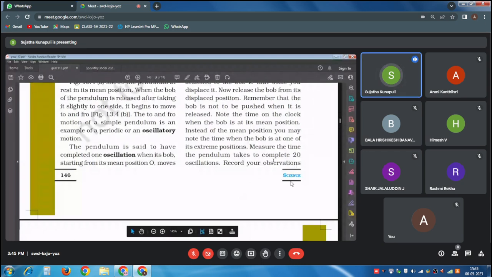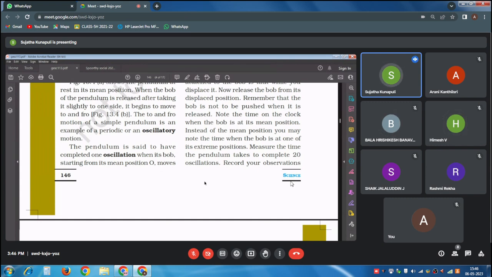So measure the time the pendulum takes to complete 20 oscillations. In this manner, he is asking us to measure the time one oscillation takes. What is one oscillation? One oscillation means going from one extreme end to the other extreme end and again coming back to its mean position. Right?